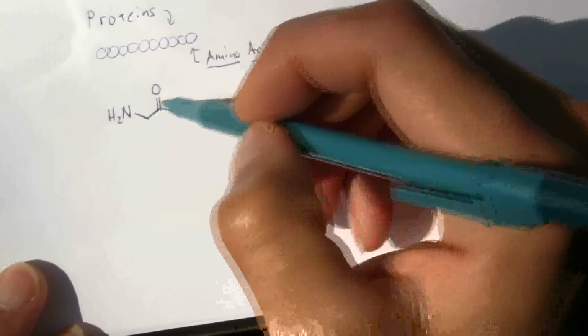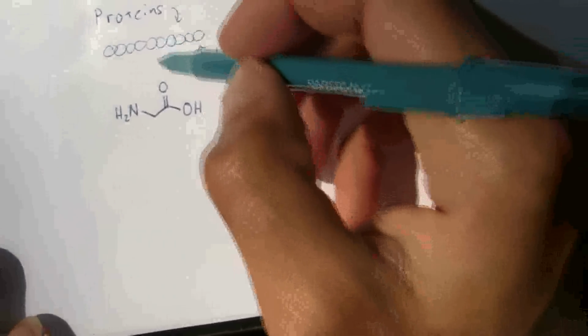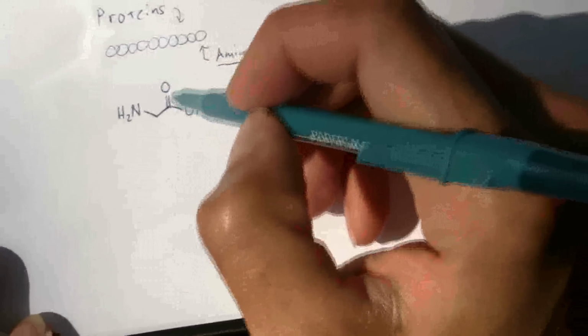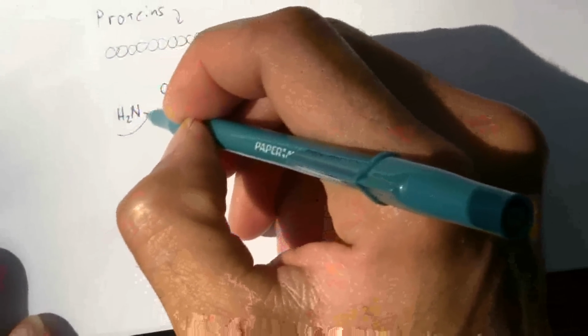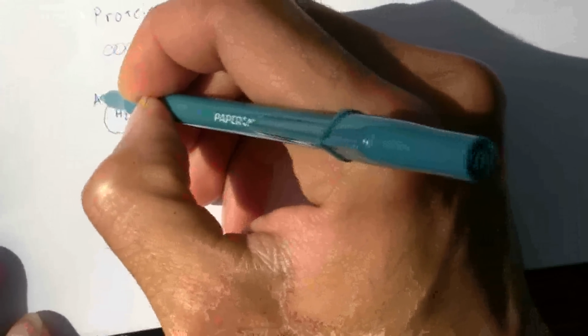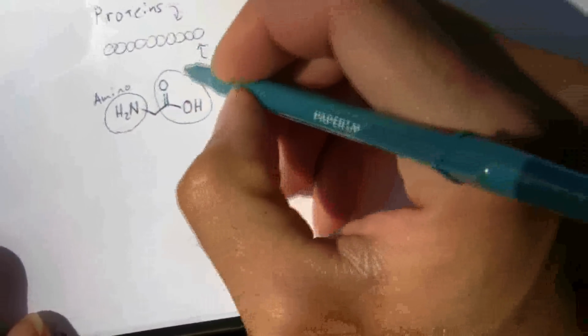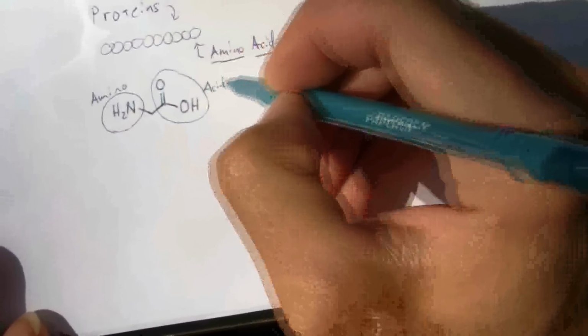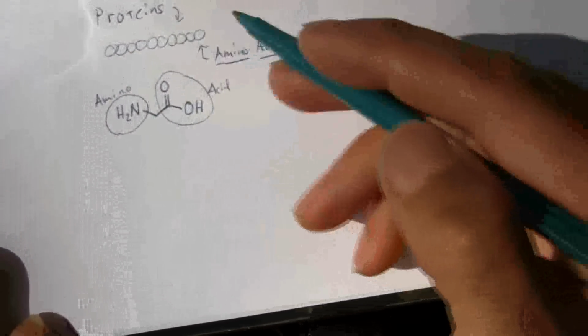We just kind of imply them with this line drawing notation. I have a video that explains how that works. But here we have represented the amino group and the acid group. So every amino acid has those two groups in that arrangement.